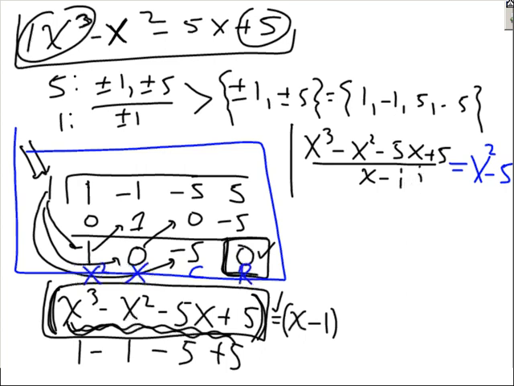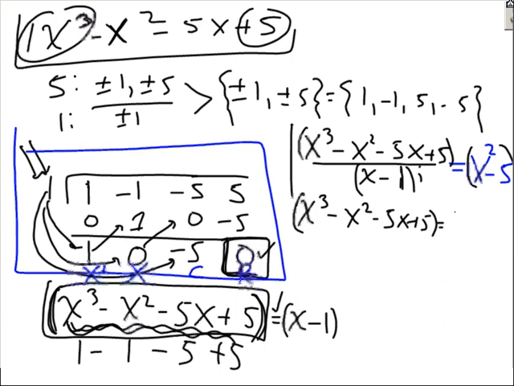Well, I'm very big on the next statement I'm going to say. The bottom, times the other side of the equal sign, equals the top. That is, we know that x cubed minus x squared minus 5x plus 5 is equal to x minus 1 times x squared minus 5.